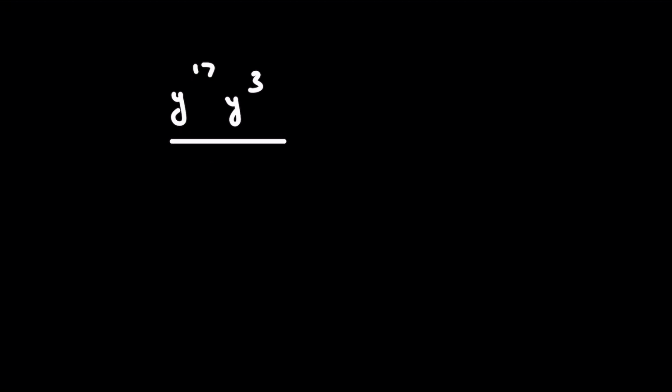So let's have a look at an example. Something like this. If we want to simplify something like this, we can use the first two rules that I taught you. We can first simplify the numerator by simply adding the indices because we're multiplying. There's an imaginary multiplication sign here.